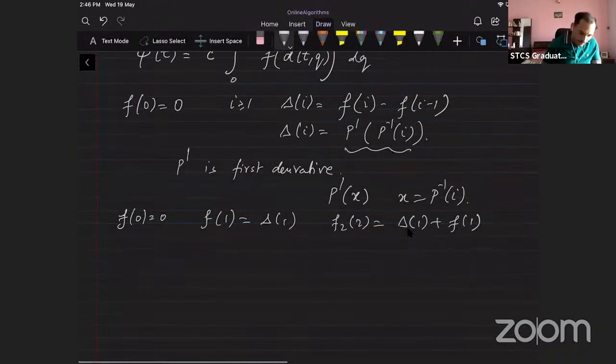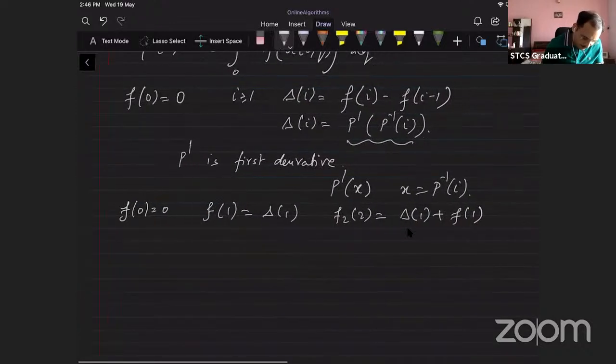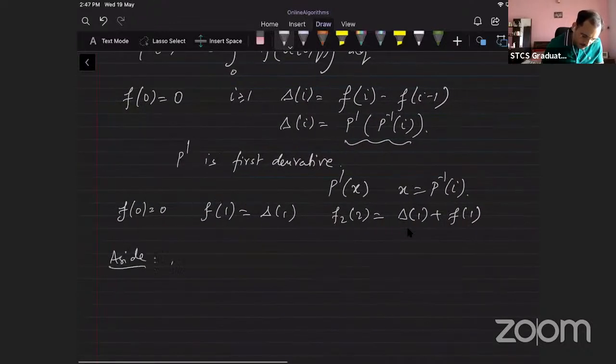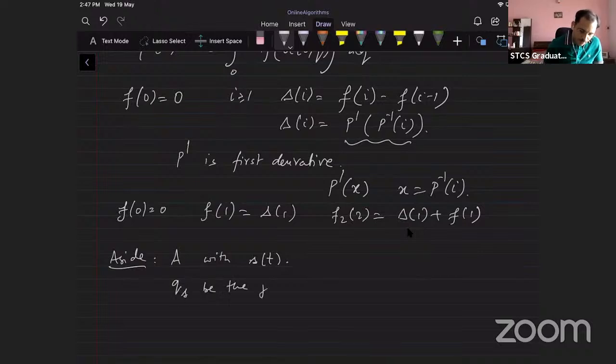As an aside, let's consider algorithm A, working with speed S of t, and let QS of t be the size of the smallest job.